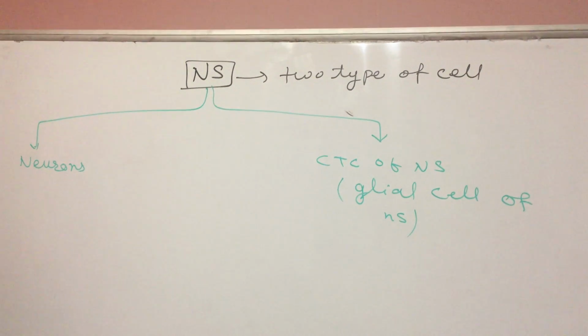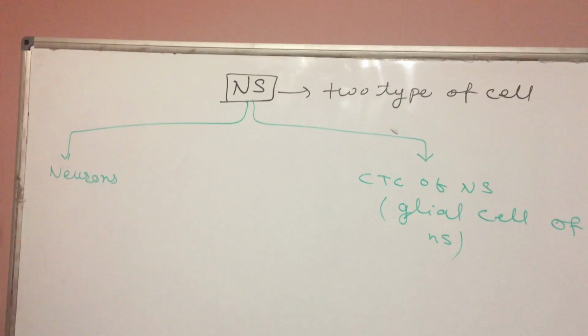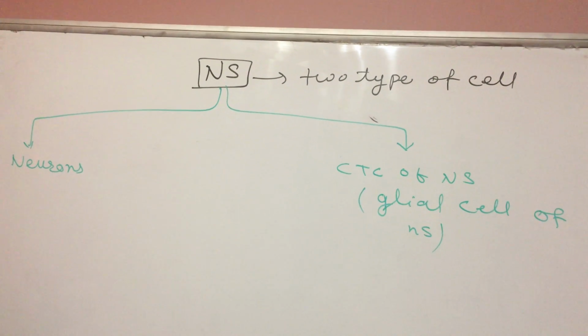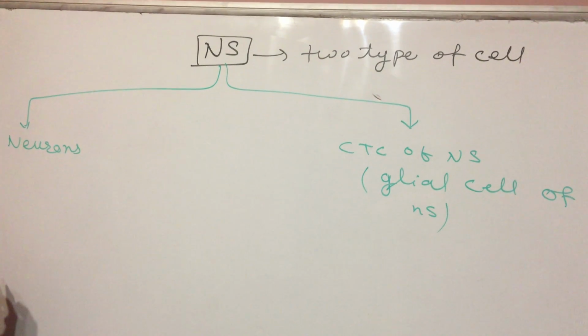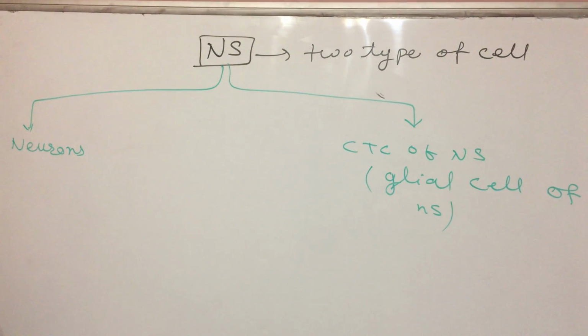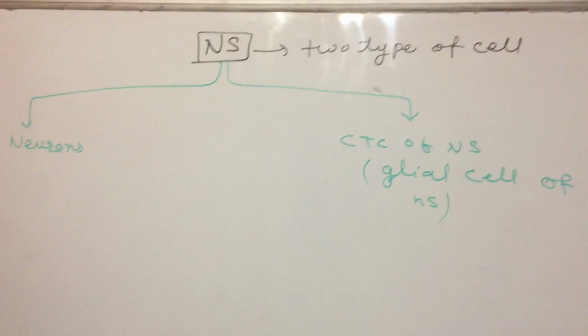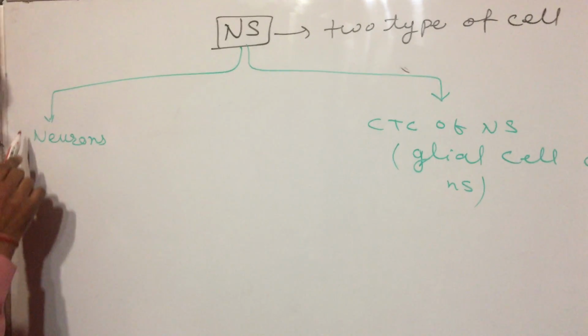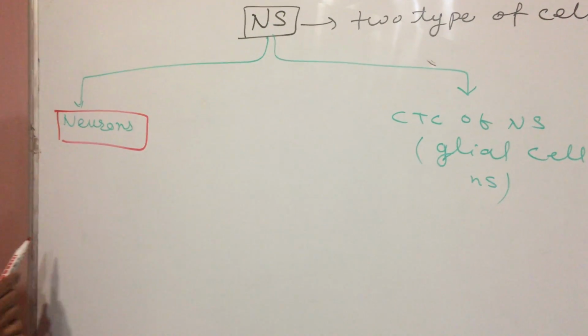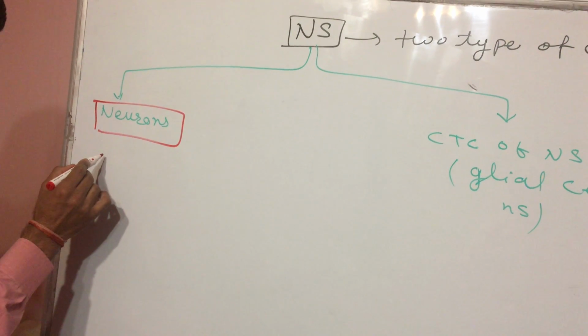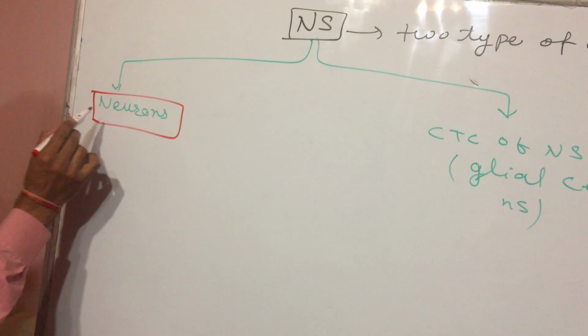Okay, so first, discussion about the neurons. What is a neuron? A neuron is the true functional unit that conducts information, the action potential, from one area to another area. This is the neuron.